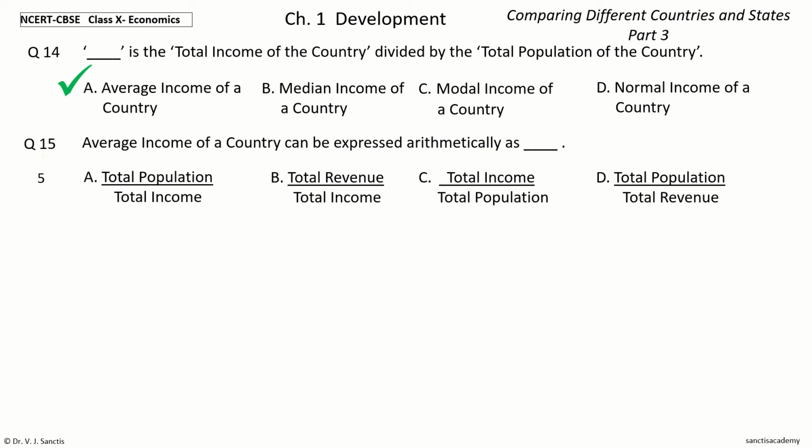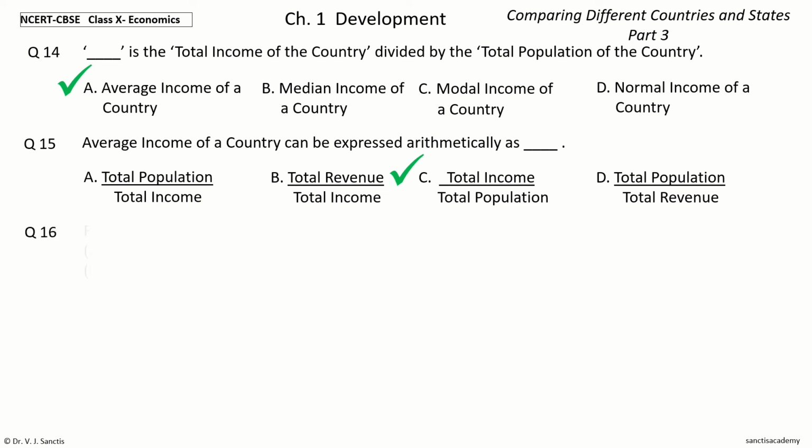Your time to choose. And the answer is total income upon total population. So, average income of a country can be expressed arithmetically as total income upon total population.